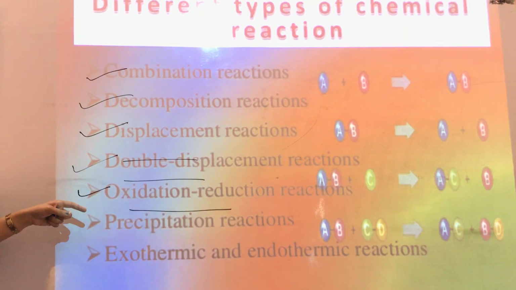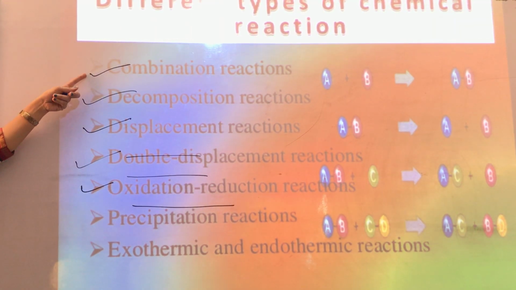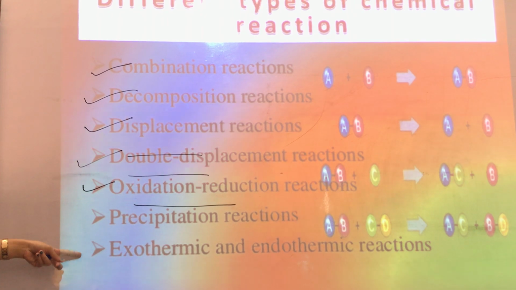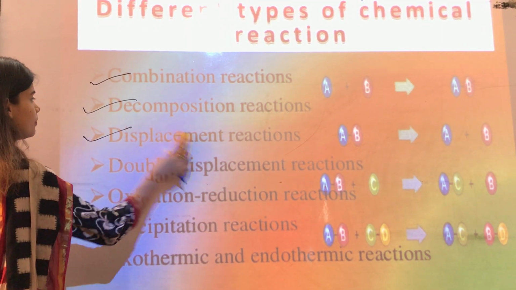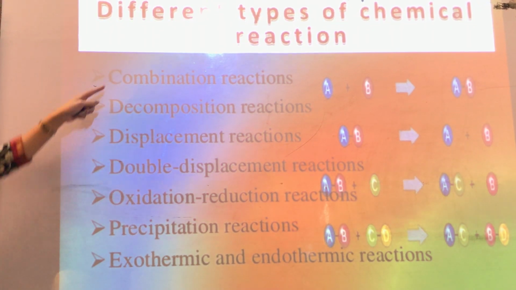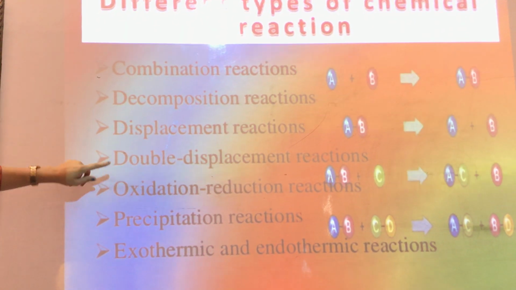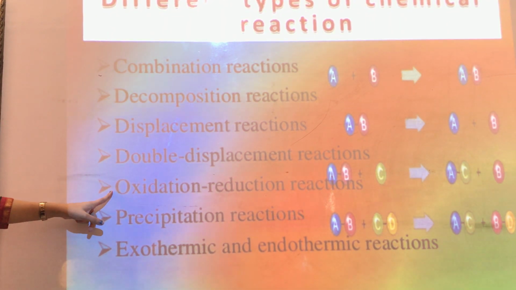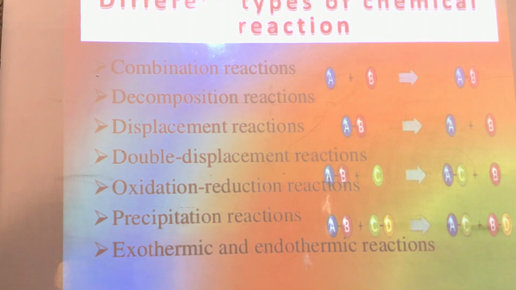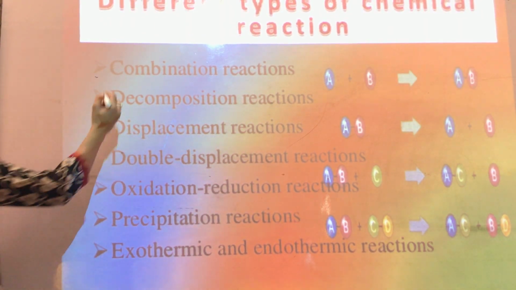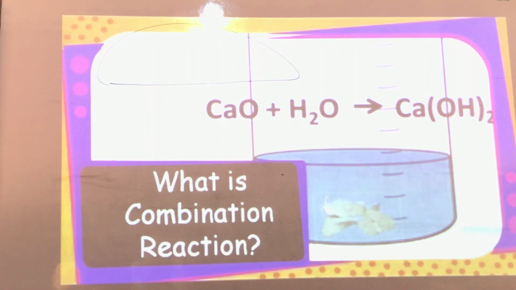Basically these are the five. Further reactions that we will cover in this chapter are oxidation, reduction reaction, precipitation reaction, exothermic and endothermic reaction. Today we are going to look into combination reaction in a bit of detail.